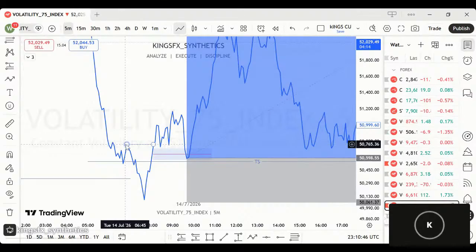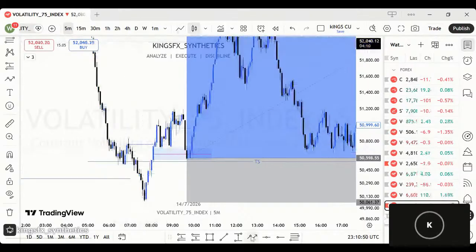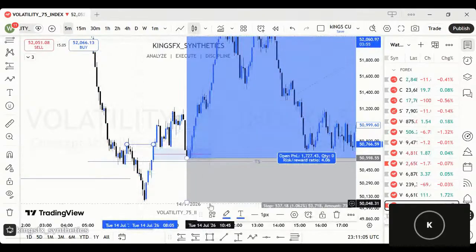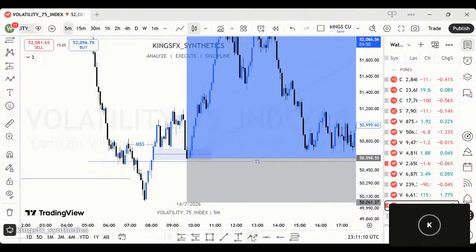When it broke this previous high, there is a market structure shift that occurred right here. After that market structure shift, we are looking at price coming back to fall into the most recent fair value gap that price left behind.